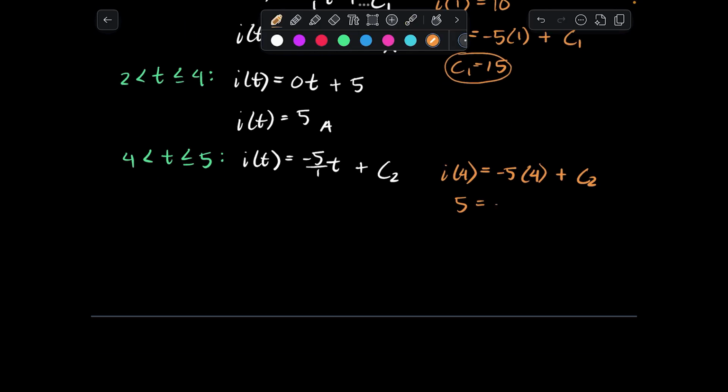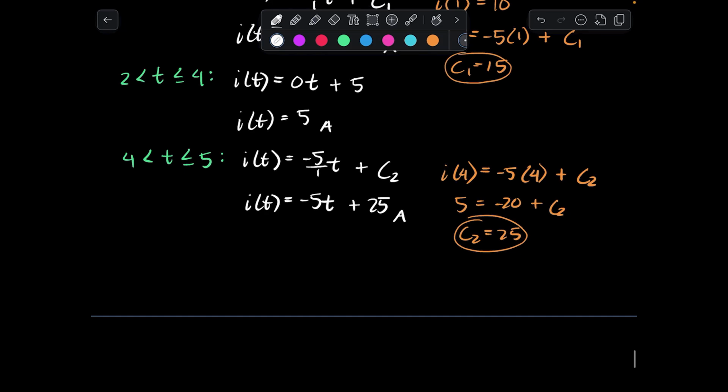And so 5 is equivalent to -20 plus c sub 2. Therefore, c sub 2 is equivalent to 25. And so we have I of t as being negative 5t plus 25 amps between 4 and 5 seconds.